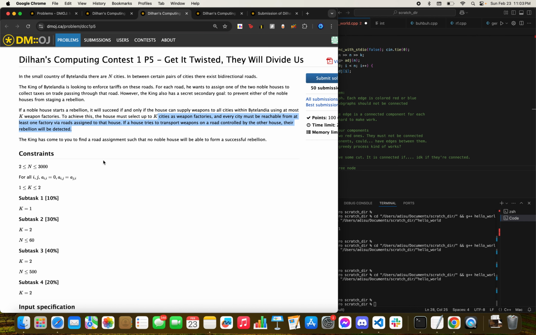Maybe it's like one node is connected to all of them, right? No, that wouldn't disconnect them though. You want a set of edges that like... I feel very strongly that some greedy works, but I have no ideas.